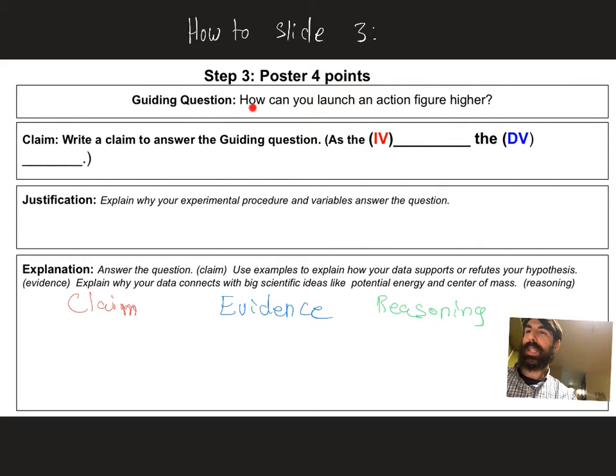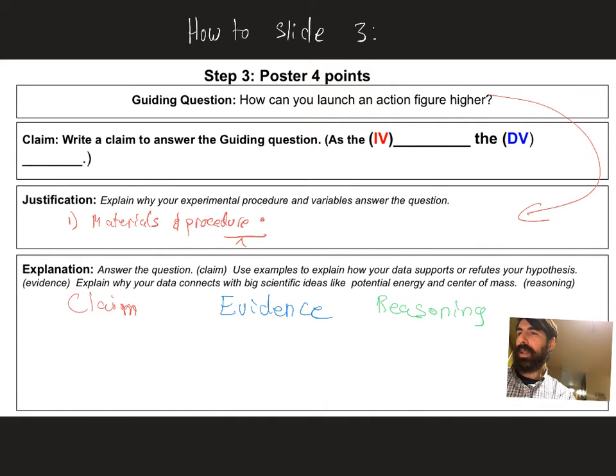Then, take a look at this guiding question. How can you launch an action figure higher? That applies to your justification, because you're going to use your justification to explain, 1, how your materials and the procedure, a seesaw and a ball and an action figure, connect back to this bigger question.